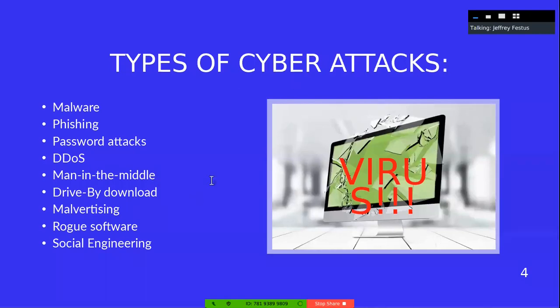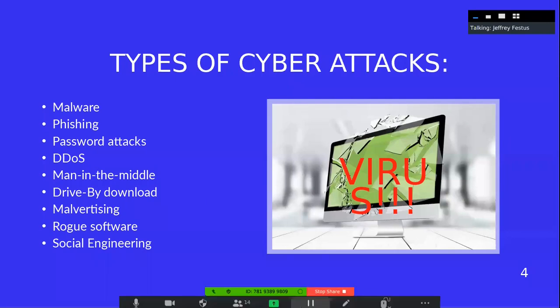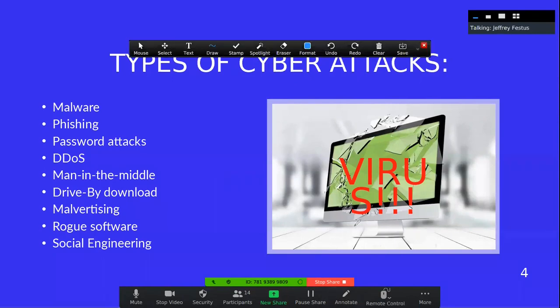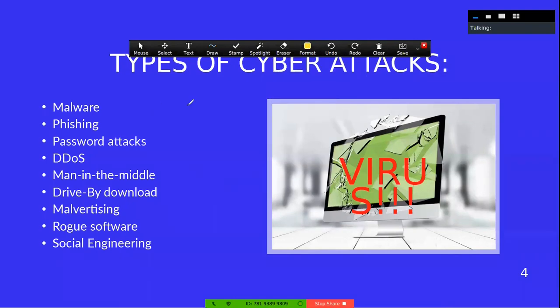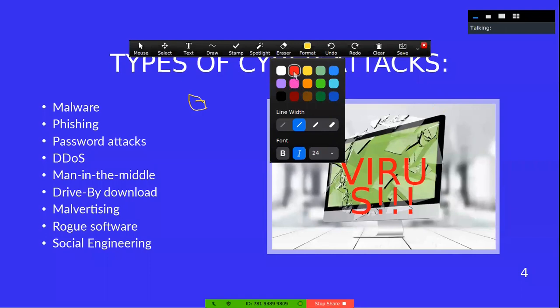So the man in the middle attack, let's say there is someone at point A who wants to transfer data, let's say send an email to someone at point B. Let me try and see if I would also get a good hand at drawing. There's someone here who wants to send an email to someone here. Let me use another color to draw.